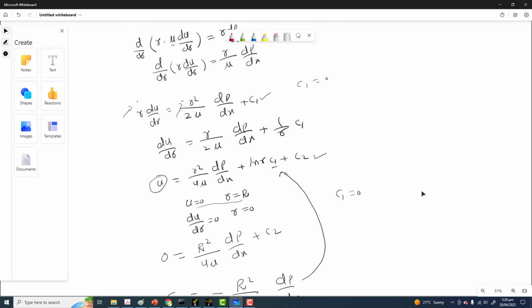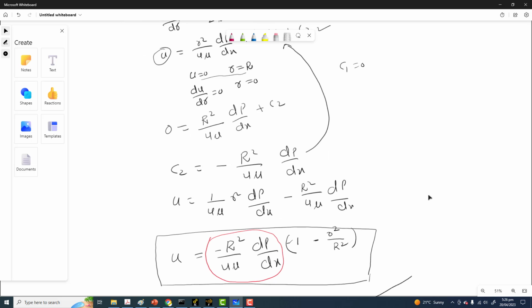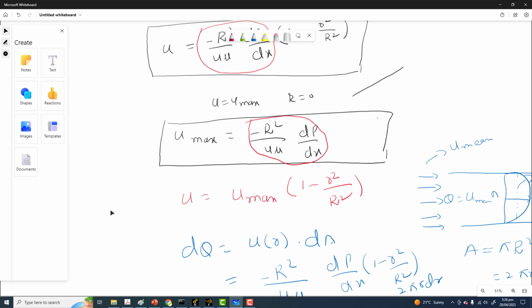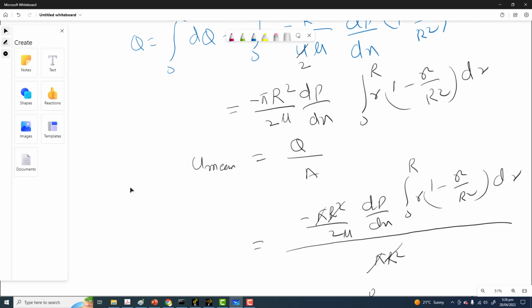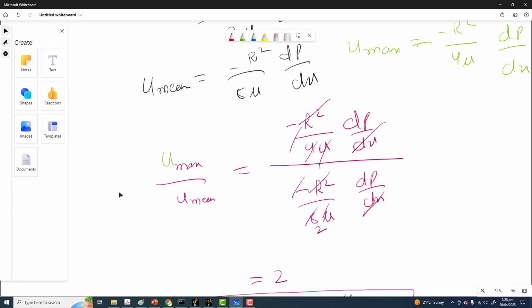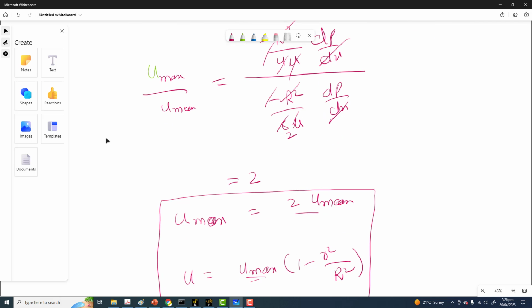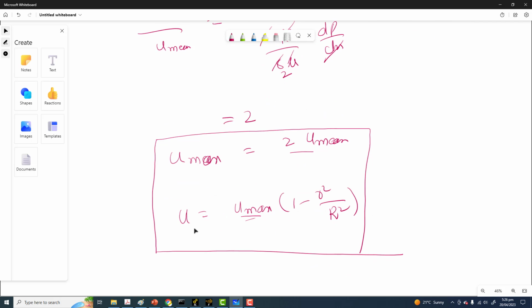Finally we integrated the equation twice and found the constants of integration. Then we found the u maximum, then the value of u average or u mean, and then we got the ratio of u maximum to u mean. From here we can find the value of u maximum, the unknown value in the velocity profile. I hope this was detailed and clears your doubts about the velocity profile in a pipe.